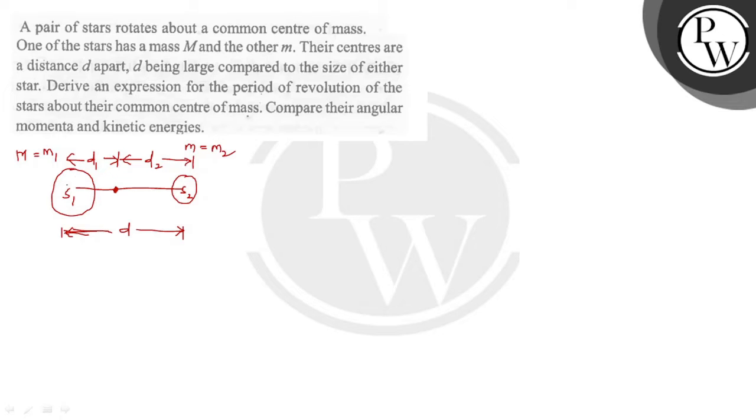Okay, so the center of mass phenomenon we can apply over here. So d1 is equal to d m2 by m1 plus m2, as you know, and d2 is equal to d m1 upon m1 plus m2.